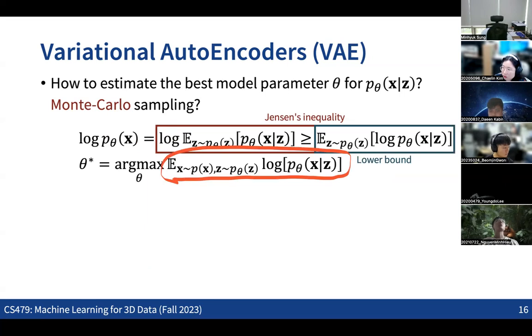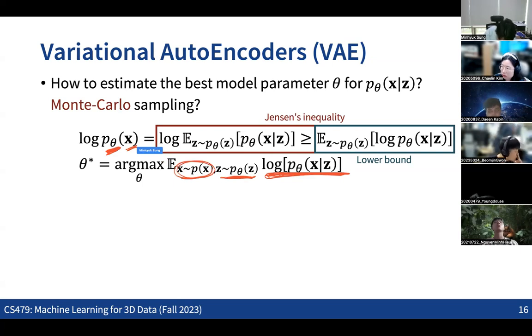So to find the best model parameters for this transition, for all the data samples we also have lots of samples drawn from the unit Gaussian, and we take the sum of this log probability. That's how we compute the sum of all the probabilities for the given samples, and we want to find the parameters that maximize this probability for all the data samples.